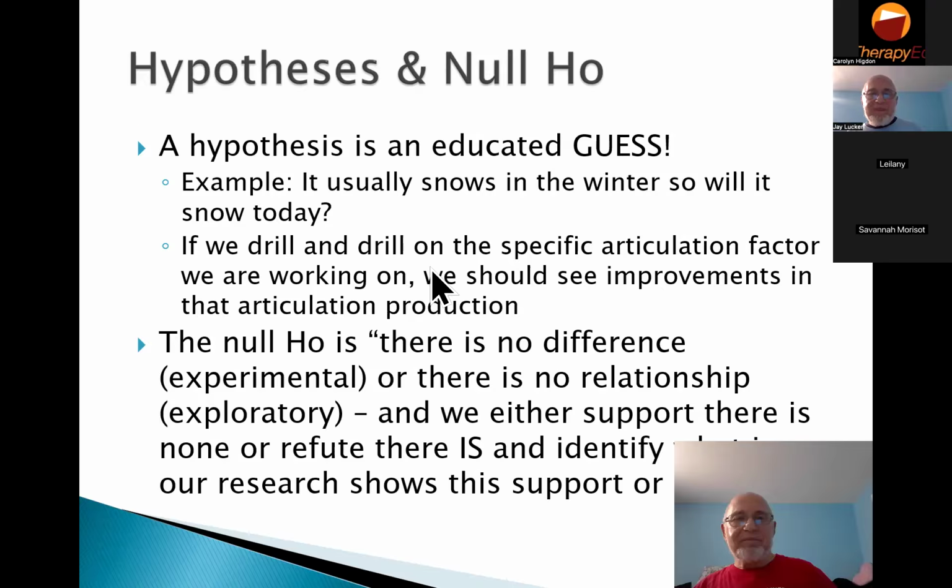So the null hypothesis, there is no difference, is what we test out, typically to prove there is a difference, but sometimes to prove there is no difference. Let's make believe we don't believe these pictures are better than those pictures. There wouldn't be a difference between them. Or even better, these pictures are better than a video.